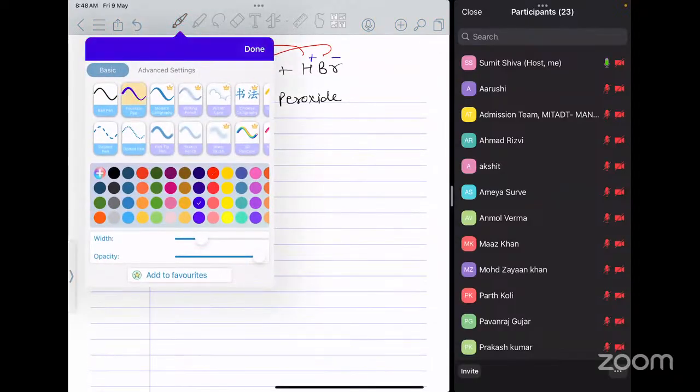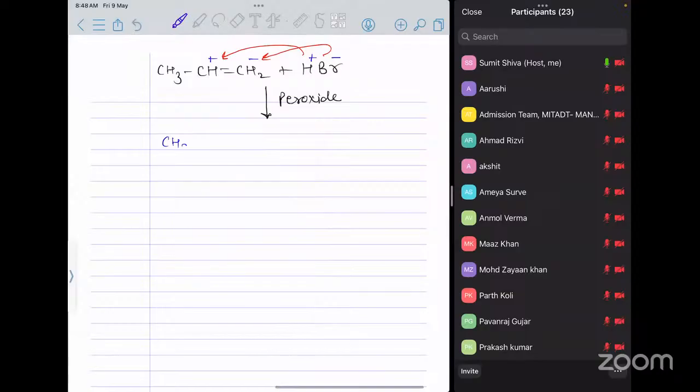In that sense, we will have CH3 CH2 CH2Br as the major product and CH3 CHBr CH3 as the minor product.